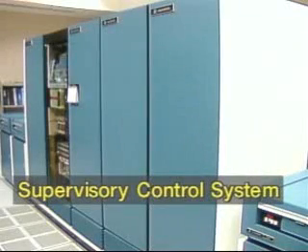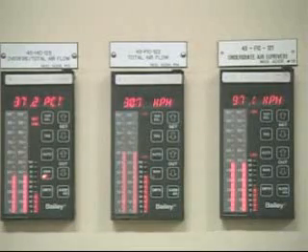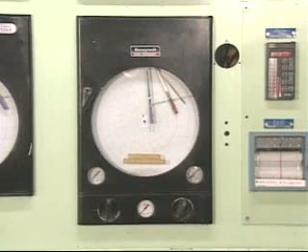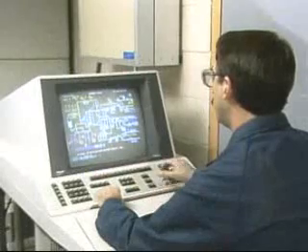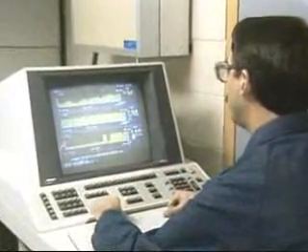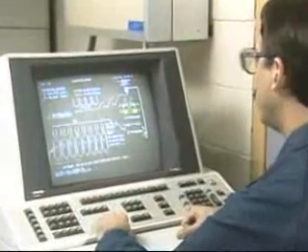A supervisory control system is a system in which a supervisory computer directs the activities of many process controllers. The process controllers can be any combination of digital controllers and analog controllers. A major characteristic of supervisory control systems is that the supervisory computer does not directly control the values of process variables.